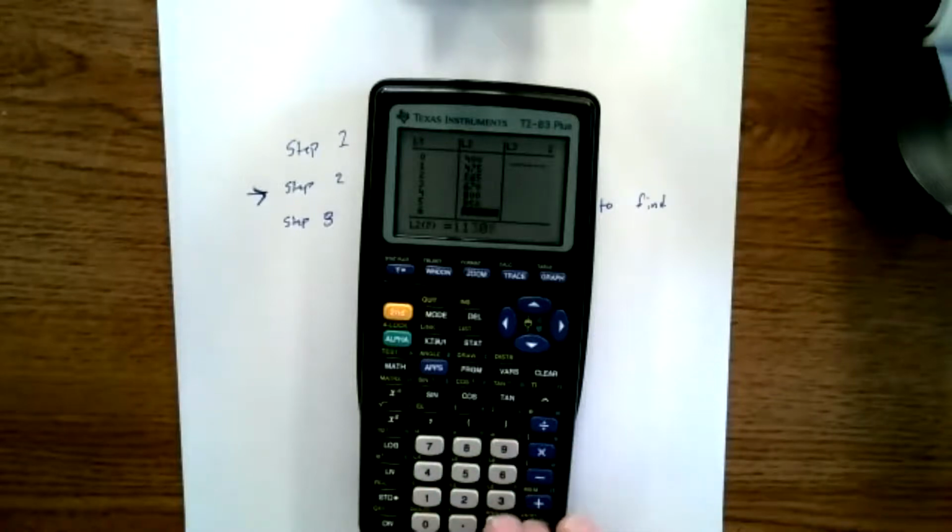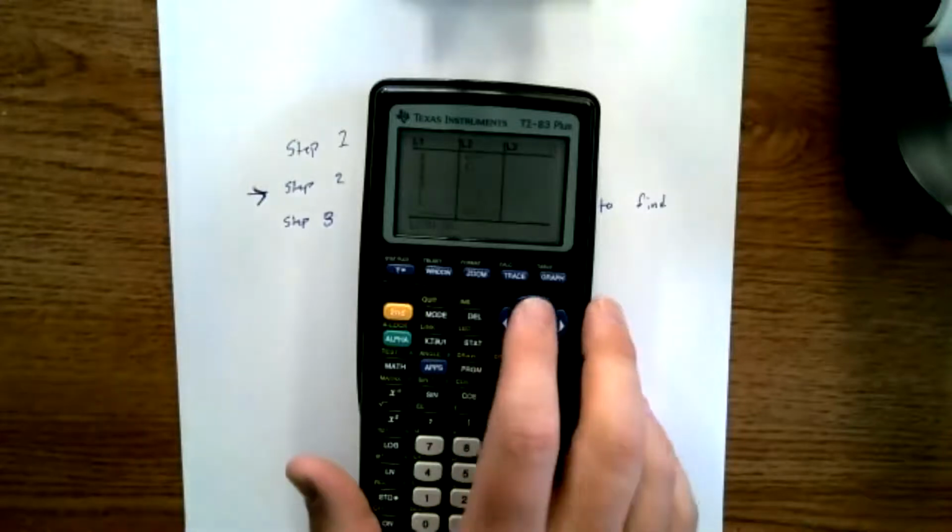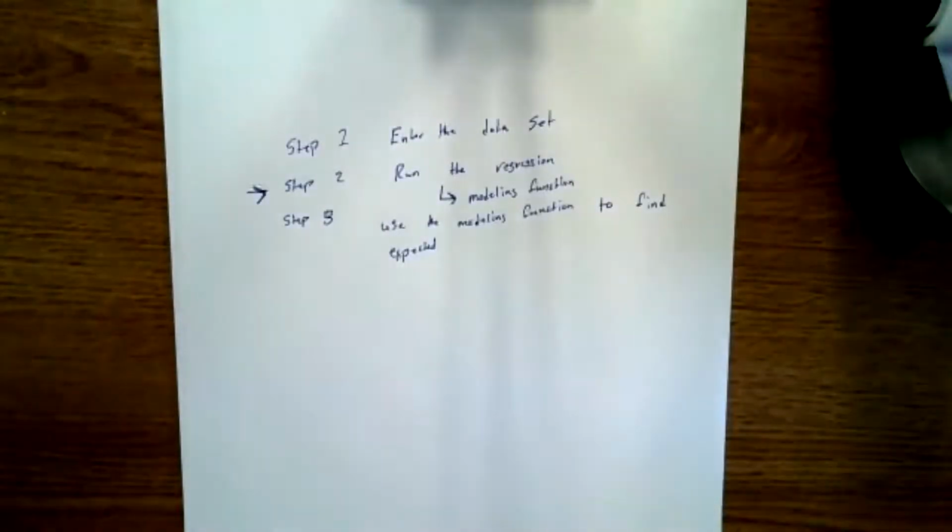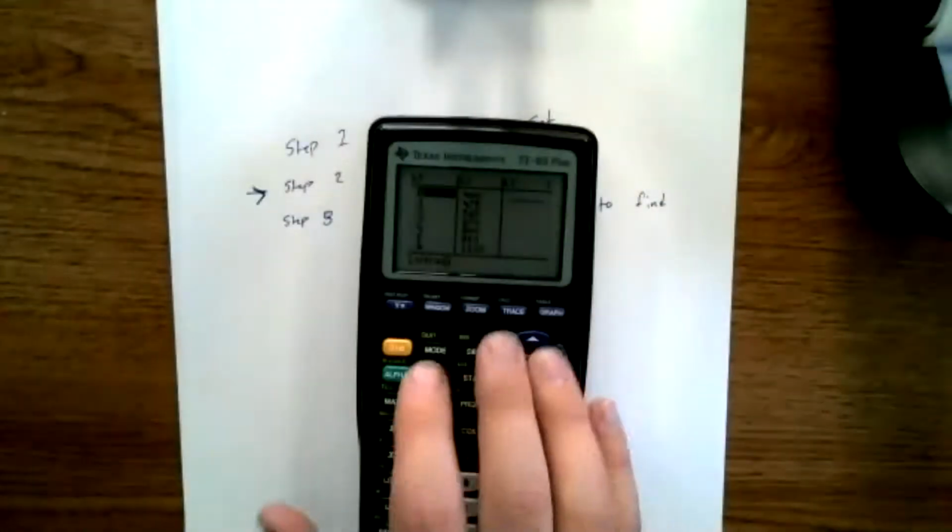All right, so now I've got it all entered. I'm going to double check to make sure it's right. 800, 950, 1130. Perfect. 0, 1, 2, 3, 4, 5, 6. Awesome.